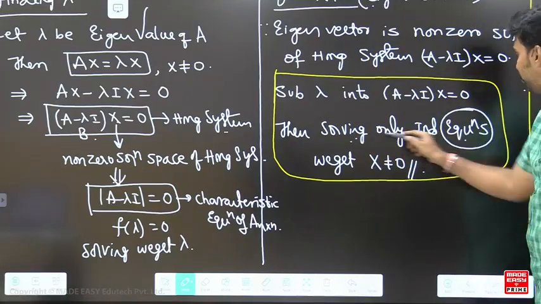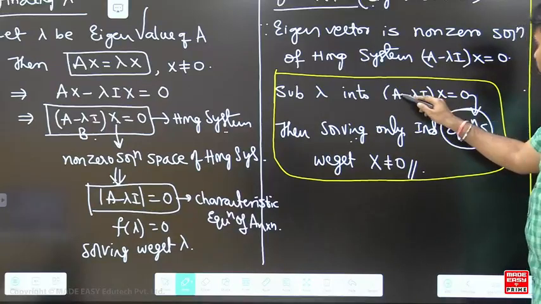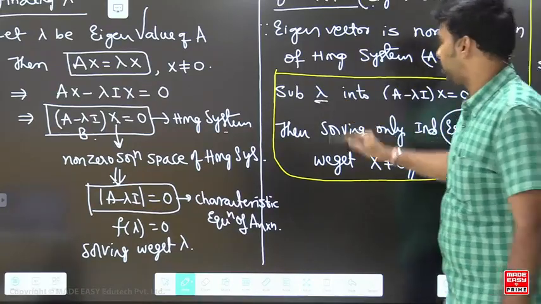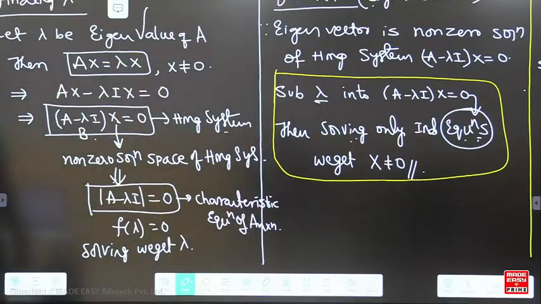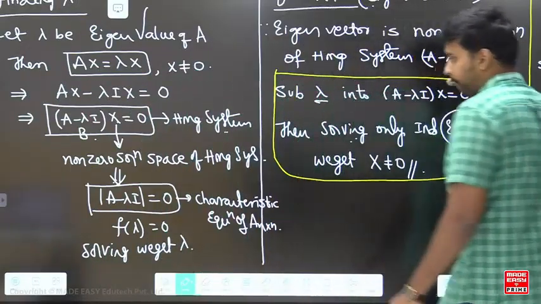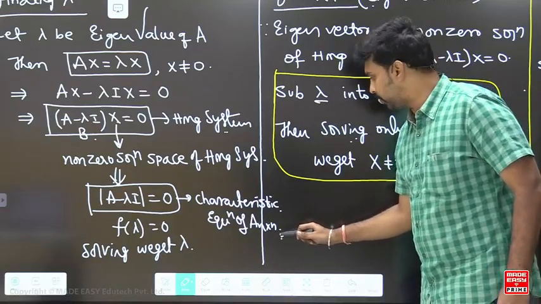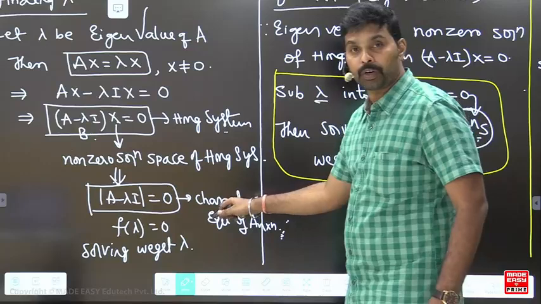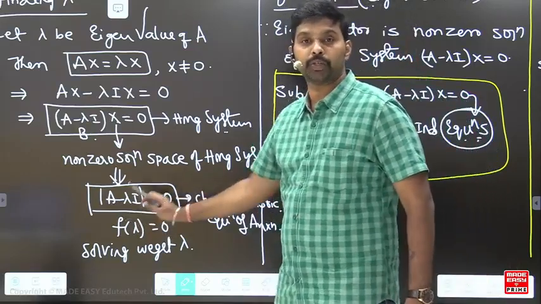Solving means solving the independent equations that you get from this system after putting lambda. Please mention this, it is very important. The characteristic equation of A, n by n, is mod of A minus lambda I is equal to 0.